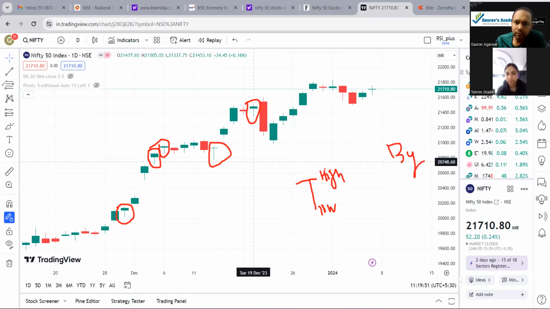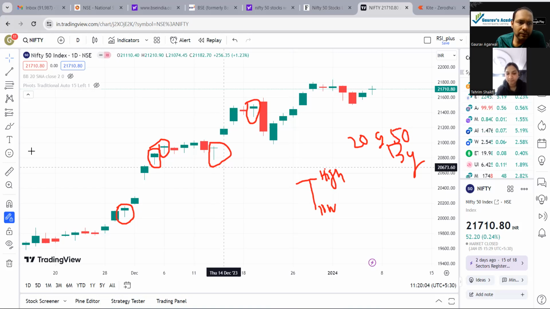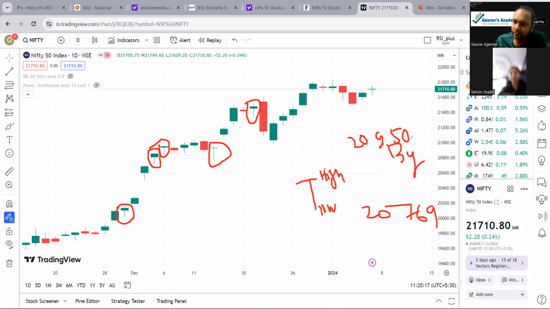If the high price is broken, then we will take a buy trade here. What is the high price in this case? 20950. And what was the low price? 20769. So whenever the Nifty 50 crosses 20950, if it comes to 20955 or 20960, then we will take a buy trade.